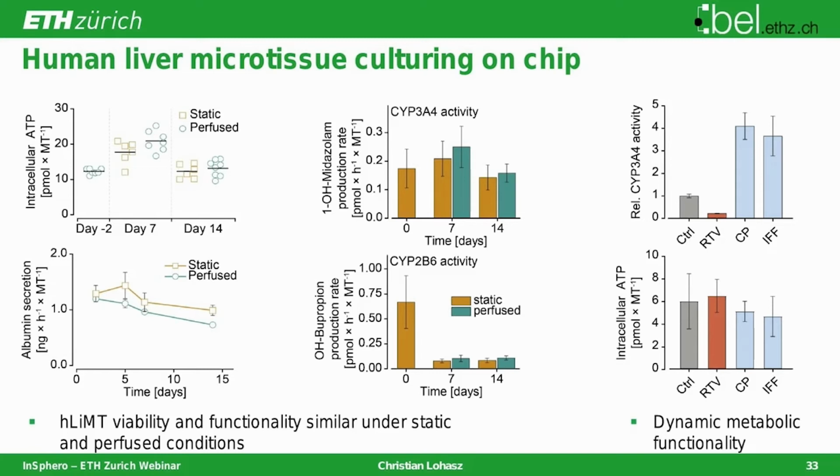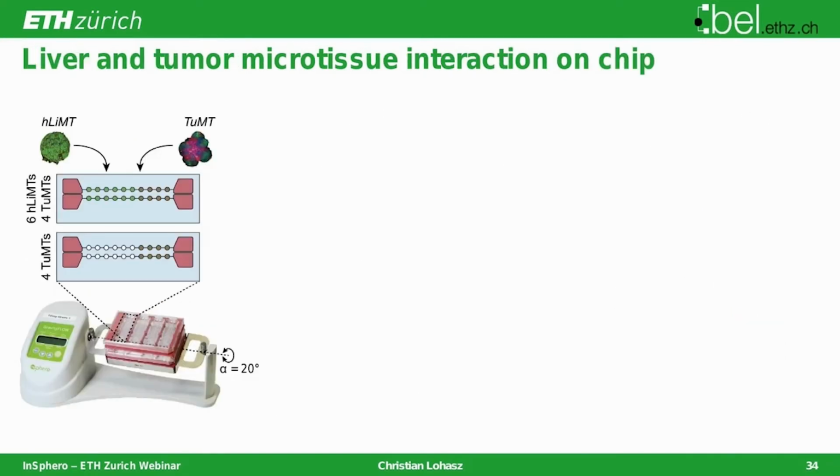In the next step, we then wanted to combine the metabolically active liver microtissues together with our target tissue, which was the tumor. We therefore loaded 6 liver microtissues and 4 tumor microtissues into the same microfluidic channel of the Akura flow system. We then exposed the microtissues to cyclophosphamide and E-phosphamide and monitored the growth of the tumor microtissues over time.